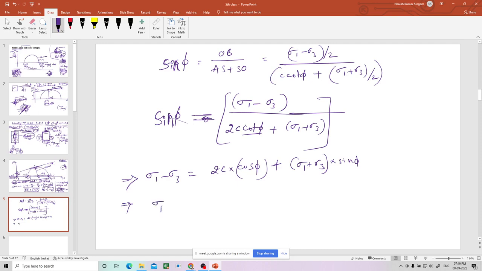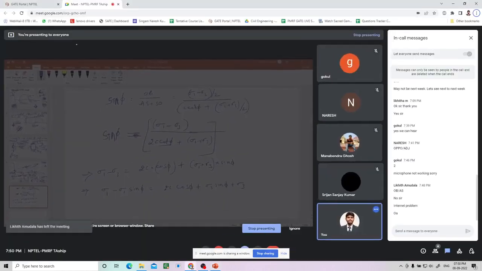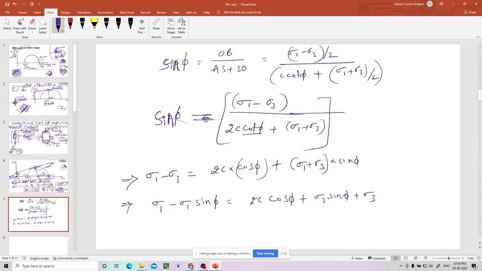Sigma 1 sin phi will be taken to the left side, whereas 2c cos phi is kept just like that, and sigma 3 sin phi is this side, whereas sigma 3 is coming this side, like this, right? Now just take this common, then 2c cos phi plus sigma 3 times (1 plus sin phi), right?